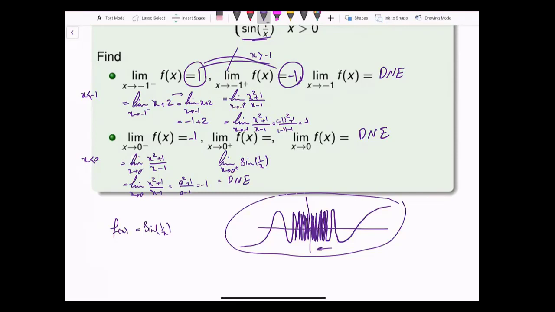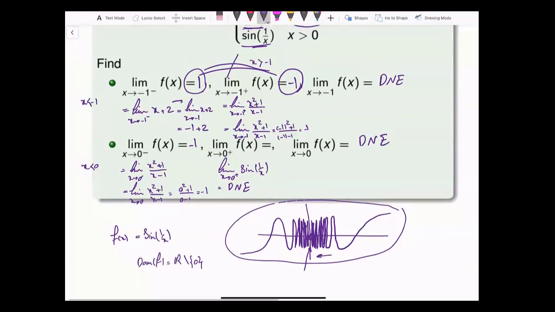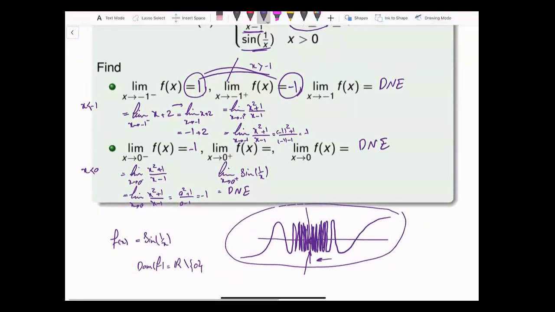The domain of this function is everything but 0. That's why I put a point down there, meaning it is defined for all values when we get closer to 0, but it's not defined at 0. Does that answer the question?